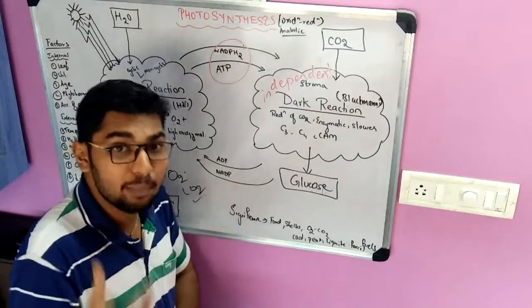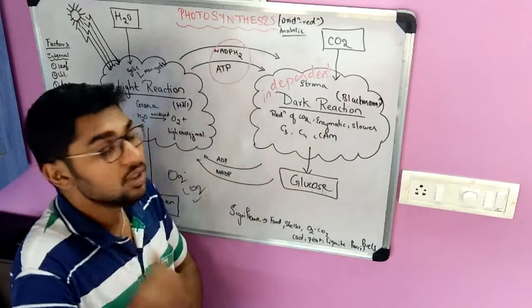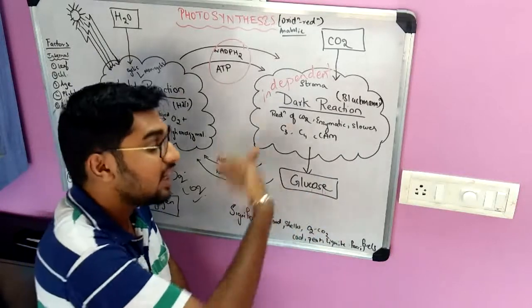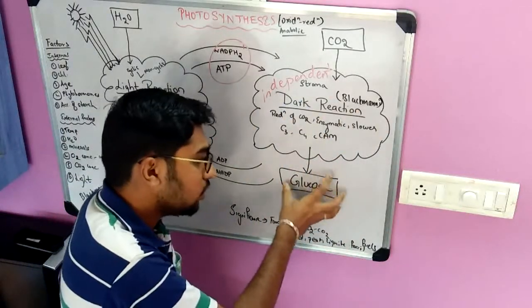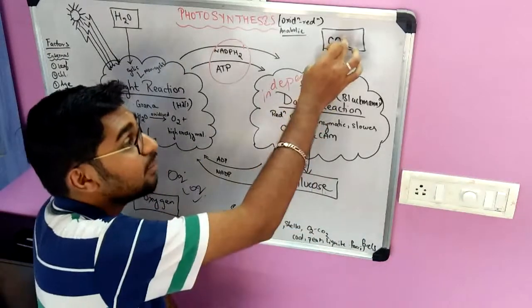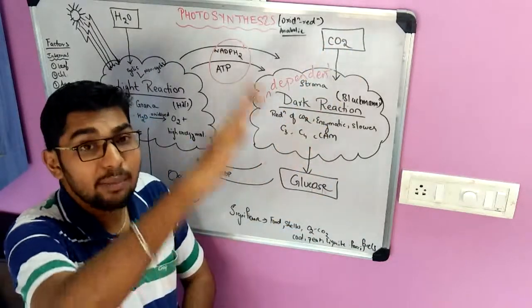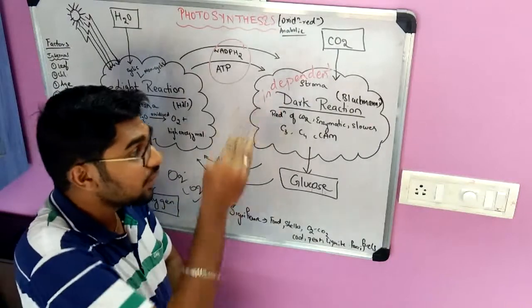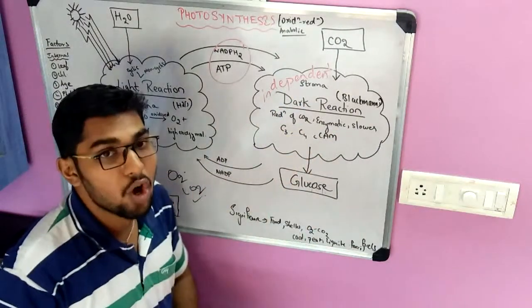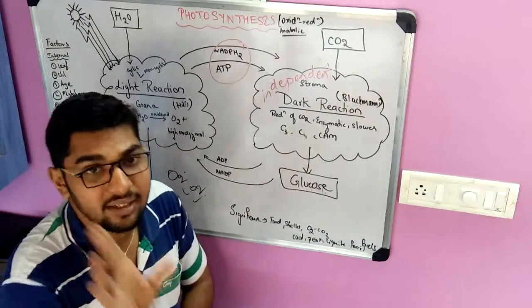Like for example, if it is a potato plant, starch is produced. So depending upon the various plants, this glucose may be formed or it may be converted later. The initial product is glucose. Here you have to remember that the carbon dioxide in the atmosphere gets fixed by the reactions of the dark reaction, and glucose is formed.